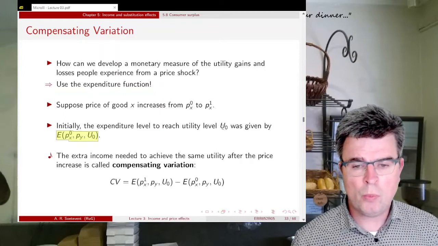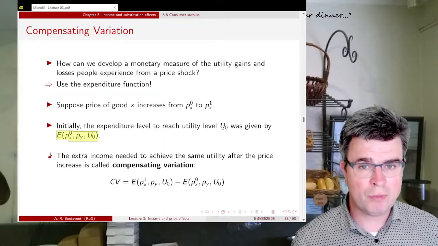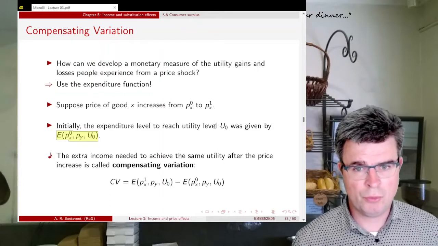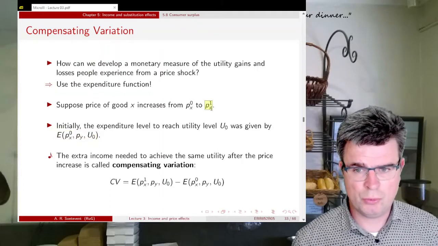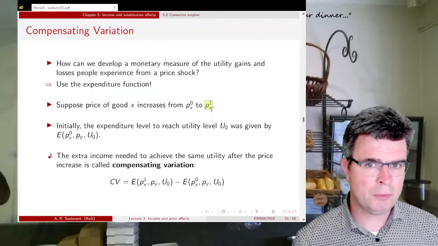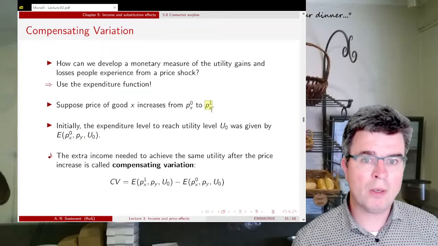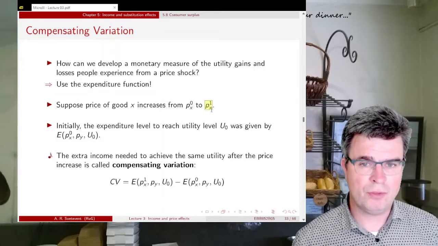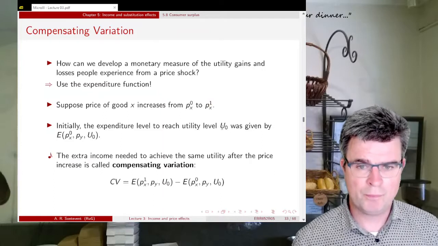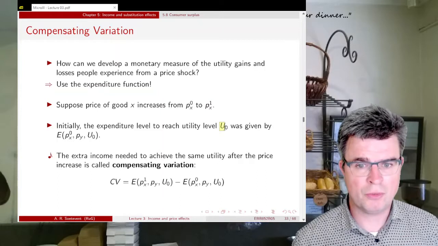And now we want to reach that same utility level, but the price of good X has increased to P1. And then the question is, how much extra income do we need to give the individual in order to enable that individual to reach the original utility level?